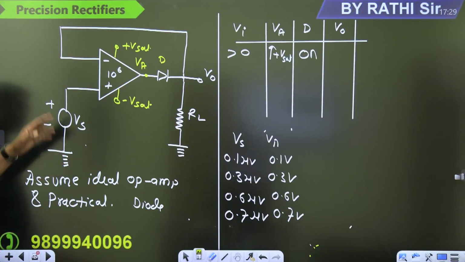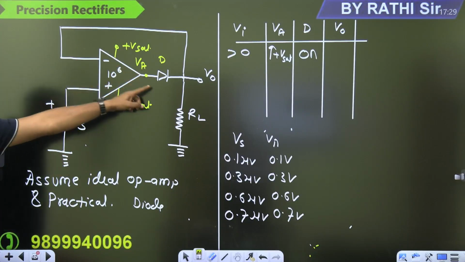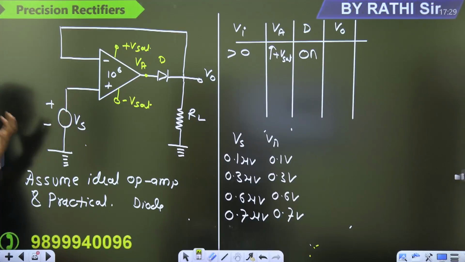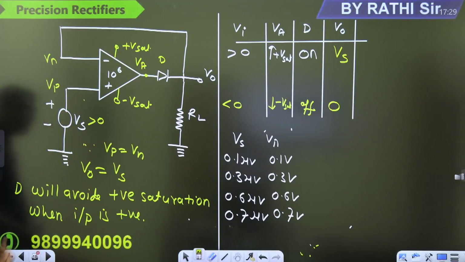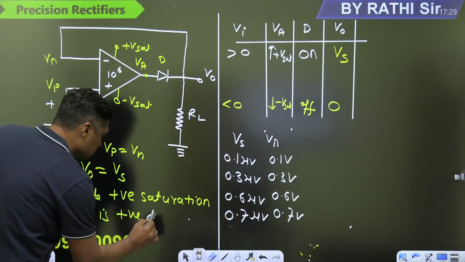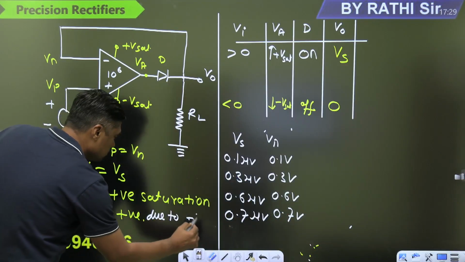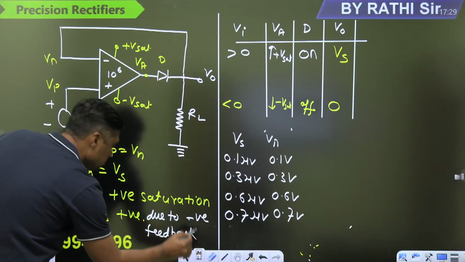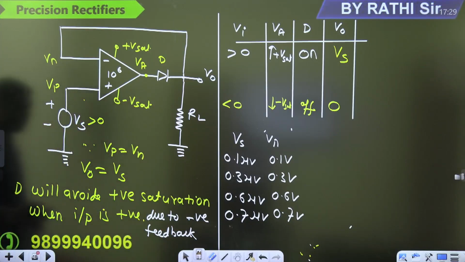For example, during the positive half, the diode is on. When the diode is on, there is negative feedback. Negative feedback will avoid saturation, right? The diode will avoid positive saturation when the input is positive due to negative feedback.